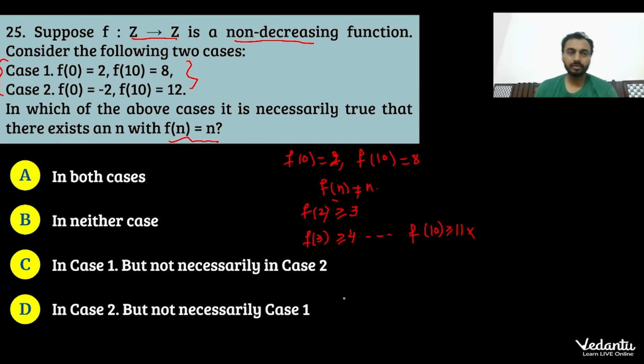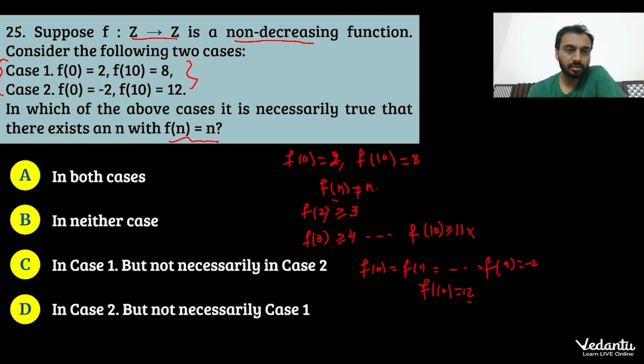In this one we can take an example: f(0), f(1), up to f(9) is equal to -2 and f(10) is 12, so it can easily follow all the conditions of the function, that it is non-decreasing and from integer to integer, and f(0) is -2 and f(10) is 12, right?